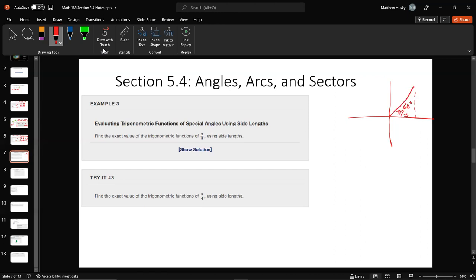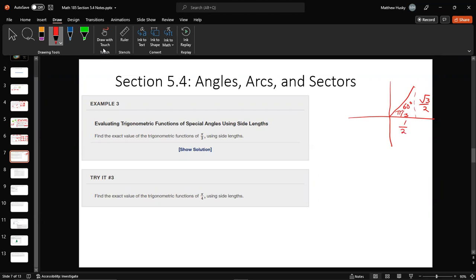Across from 60 degrees is root 3 over 2. That goes back to some relationships that you might have learned way back when in geometry, but just bear in mind that whatever's across from 60 will be root 3 over 2. Meanwhile, the one that corresponds to root 3 over 2 is going to be 1/2.